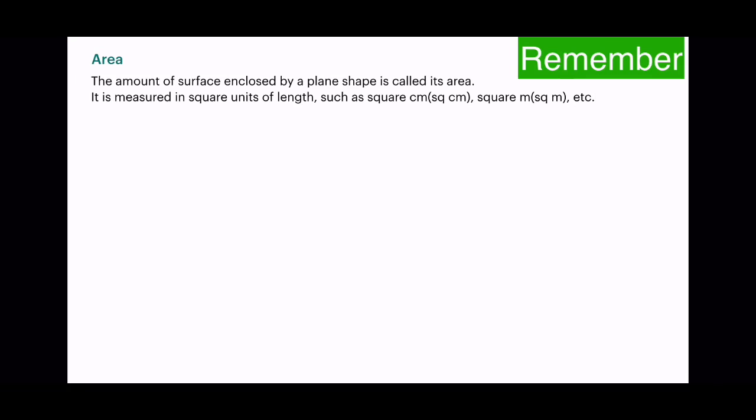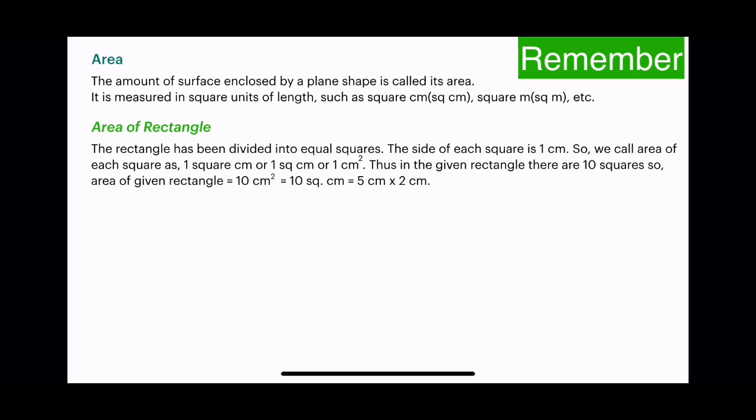Area. The amount of surface enclosed by a plane shape is called its area. It is measured in small square units of length such as square centimeters or square meters, etc. Area of a rectangle. The rectangle has been divided into equal squares. The side of each square is 1 centimeter. So we call the area of each square 1 square centimeter or 1 centimeter squared.